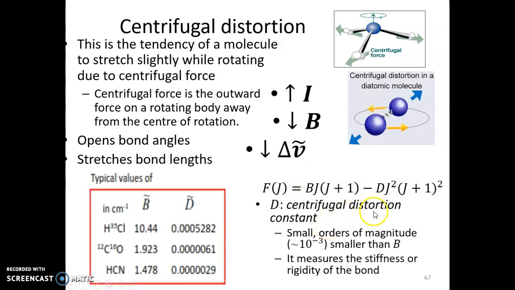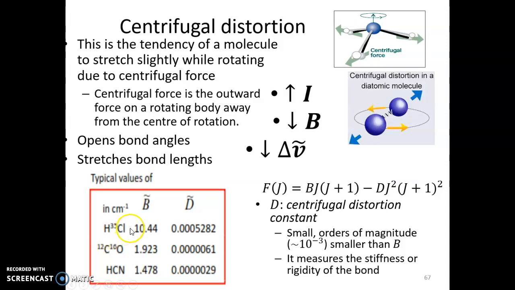However, B is the rotational constant and D is the centrifugal distortion constant. It is small, about 10 to the minus 3 orders of B.